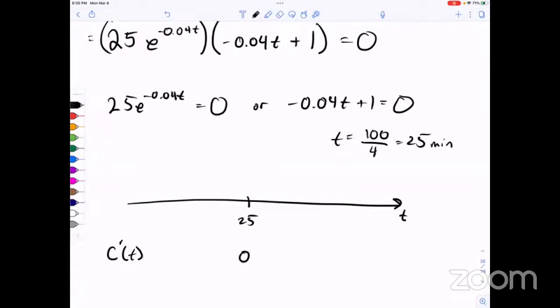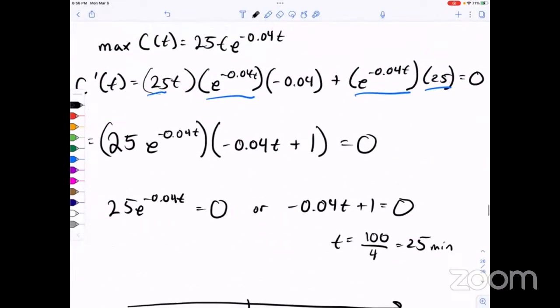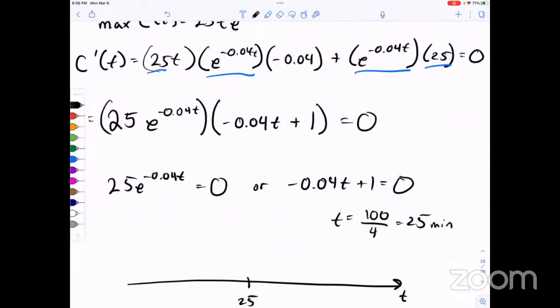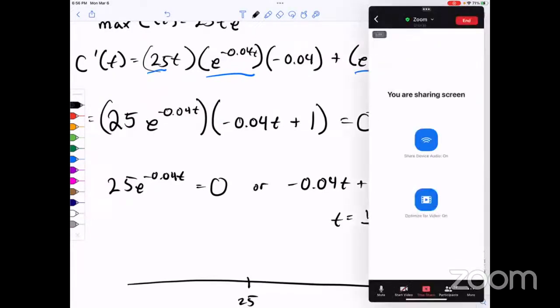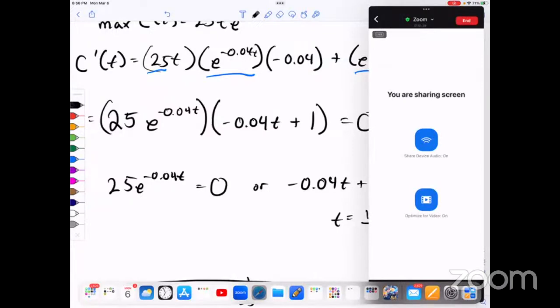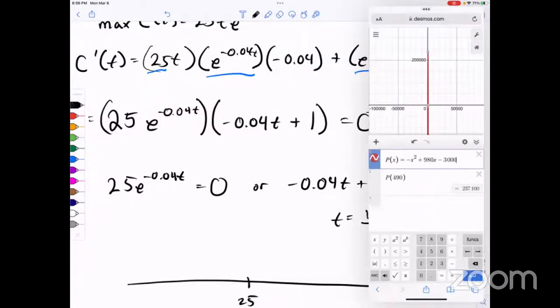Let me see. I think I'm going to use Desmos for this, which is here.